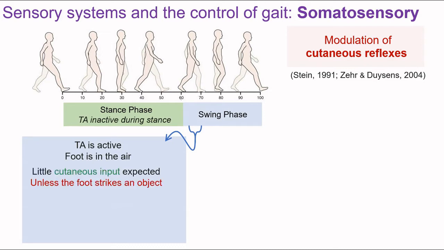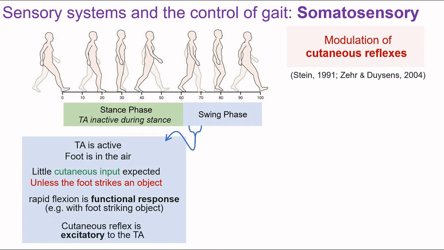In this phase of gait, little cutaneous input is expected, unless, that is, the foot strikes an object. If the foot does strike an object, rapid dorsiflexion is the functional response to get the foot up and out of the way of the obstacle. Accordingly, in this phase of the gait cycle, the cutaneous reflex is organized to be excitatory to the tibialis anterior in response to cutaneous input.